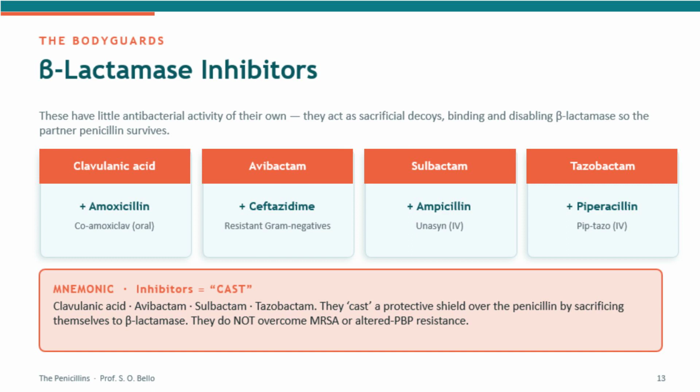And I like that word because these agents cast a protective shield over the penicillin. But be clear about their limit. They restore activity only against organisms that resist by making a lactamase. They do nothing against resistance from an altered target, which is exactly why they cannot rescue us against MRSA.